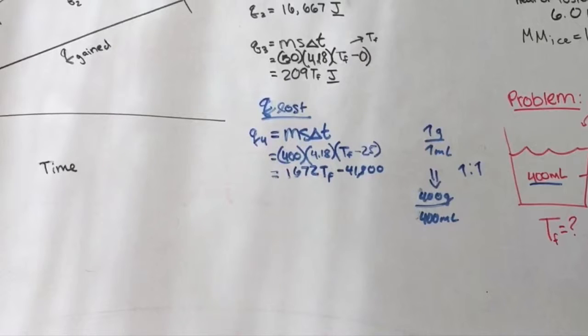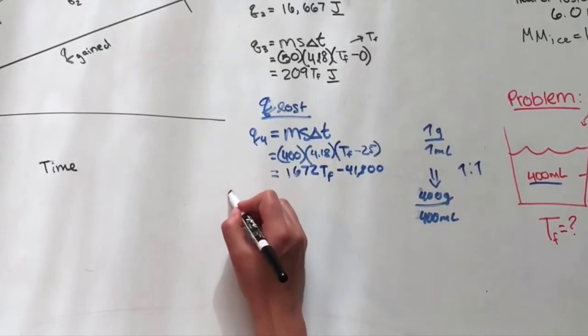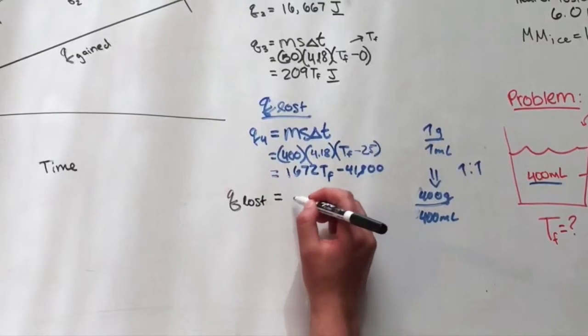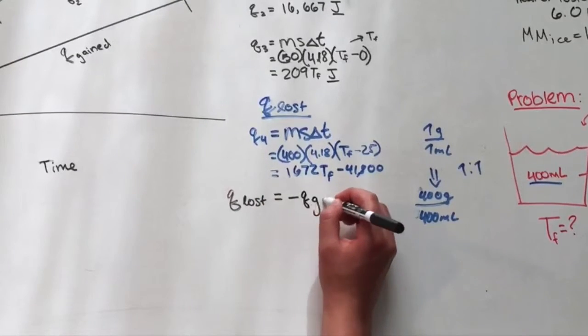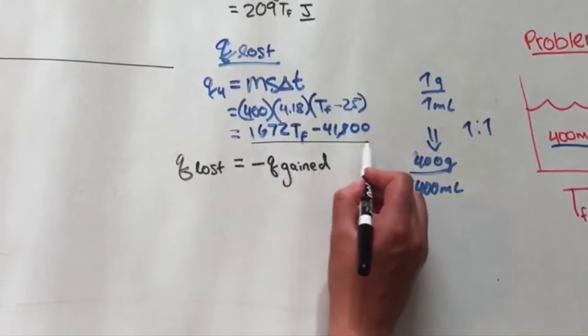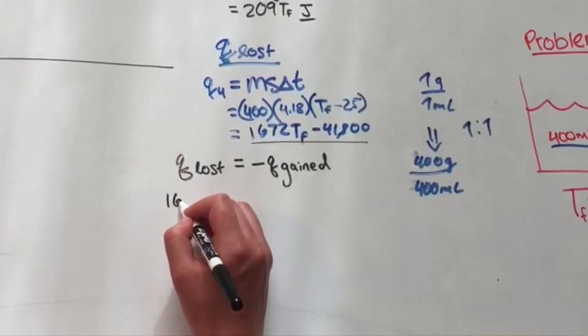In our last step, we're going to combine all 4 sections to produce the final answer. In order to do this, we're going to have to think back to the idea that Q lost is equal to negative Q gained. So our Q lost can be found right here. So we'll go ahead and plug that in.